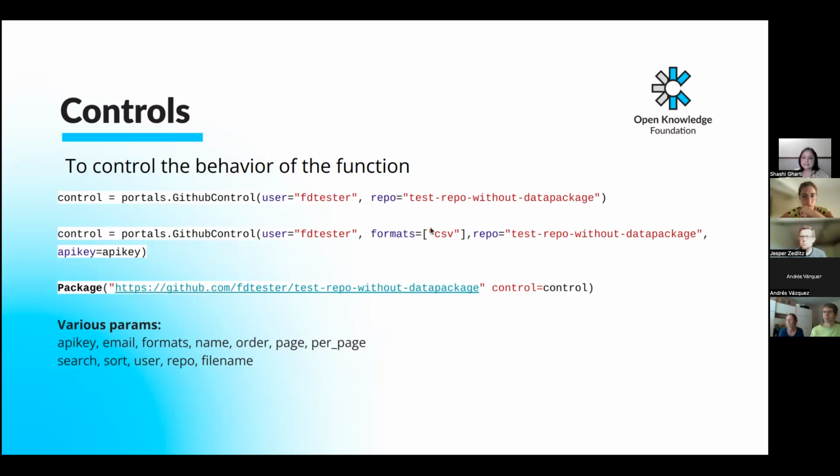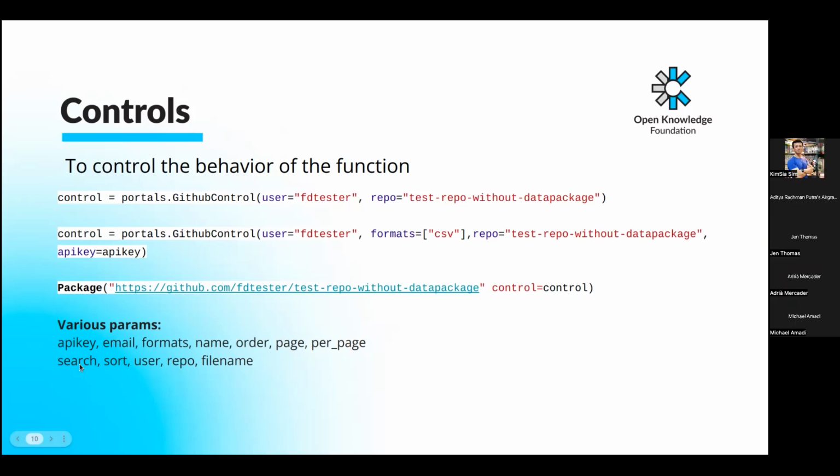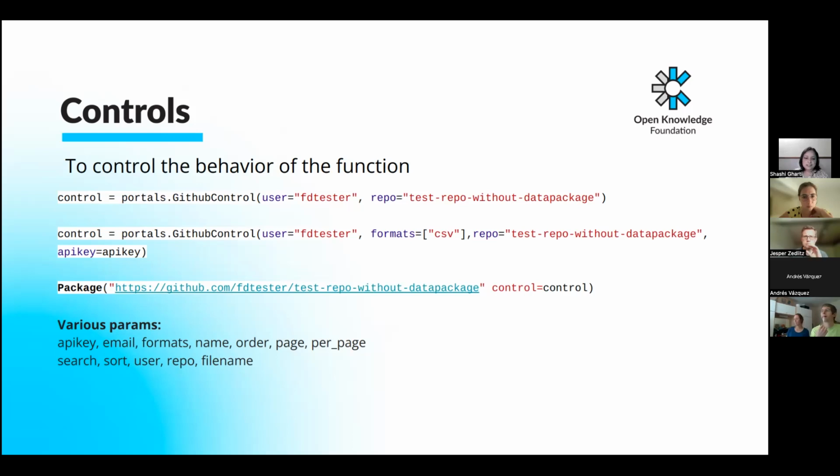And we can pass that control as a parameter to the package class or catalog class, or the function that writes to the repository. And this parameter applies for all the three functions. For example, this email and name is required for the write function, and the search is for the catalog creation function.